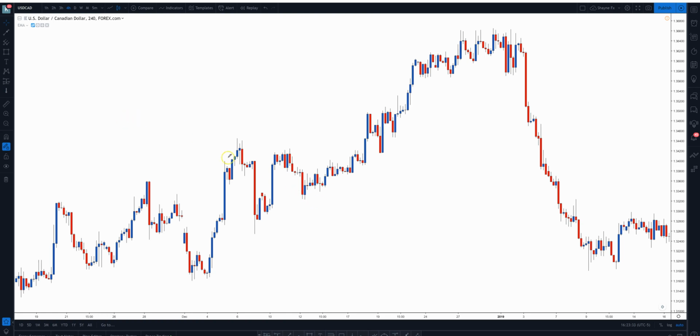So this is what I'm trying to show you guys, where good impulses go bang, bang, bang, bang, bang. You guys already know the basic stuff: higher high, higher low, higher low, clean structure.